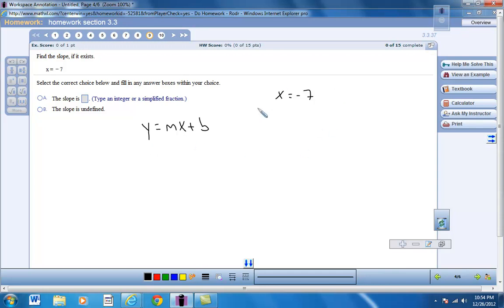Here there's no y at all. Therefore, our slope will be undefined. Why? Because there's no y in the given equation.